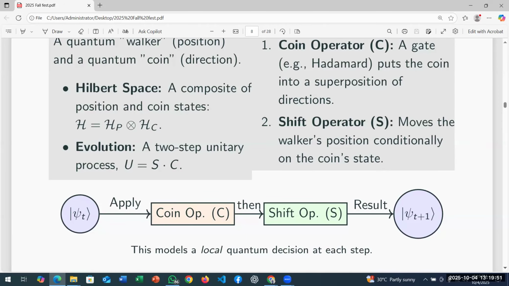If I have my initial state and I apply a coin operator, the result will then be leveraged on by the shift operator. The shift operator will take me to the next state. So you can see that there's a particular evolution from my initial state to state T+1. This is what coined quantum walk is all about.